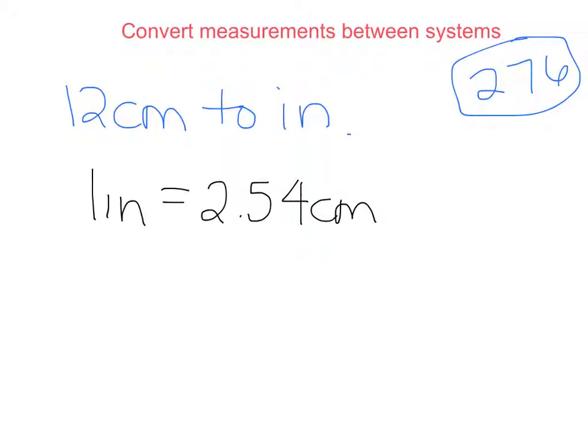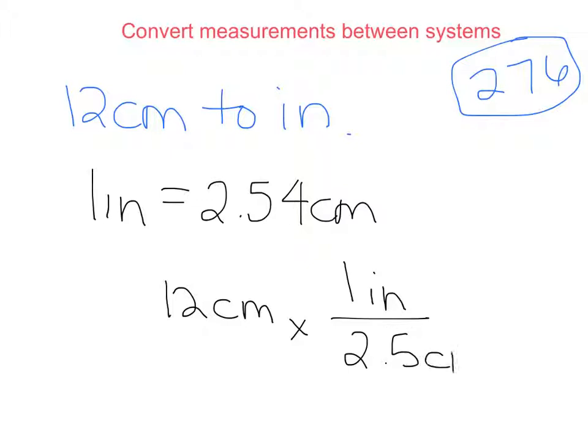So that means that we have 12 centimeters, and we multiply it by the 1 inch over the 2.54 centimeters. Our centimeters cancel out, leaving us with an answer of approximately 4.72 inches.